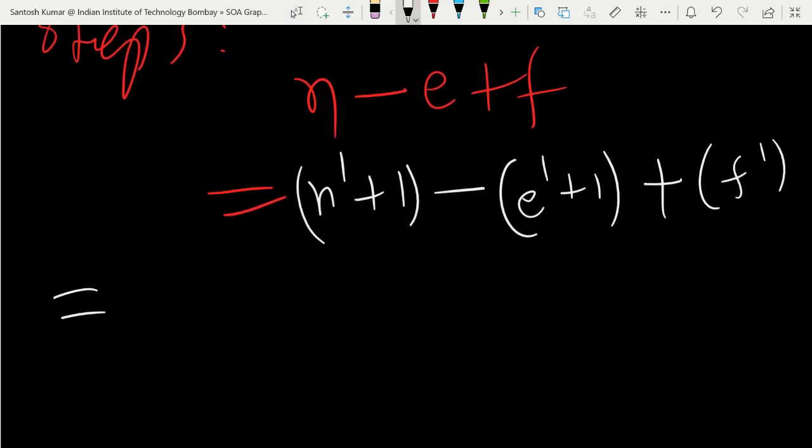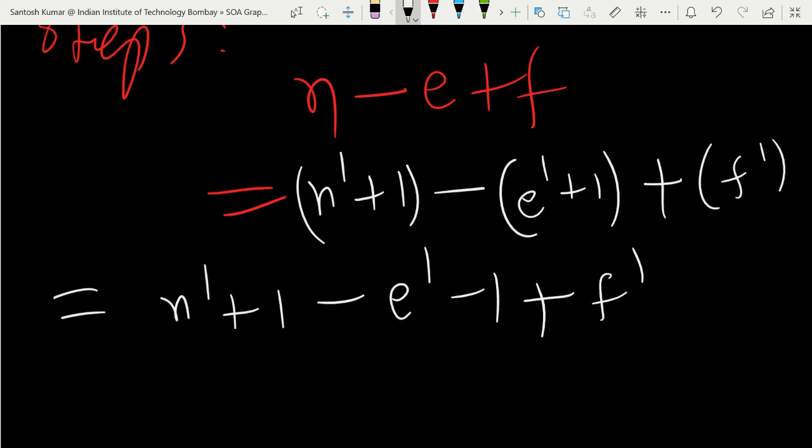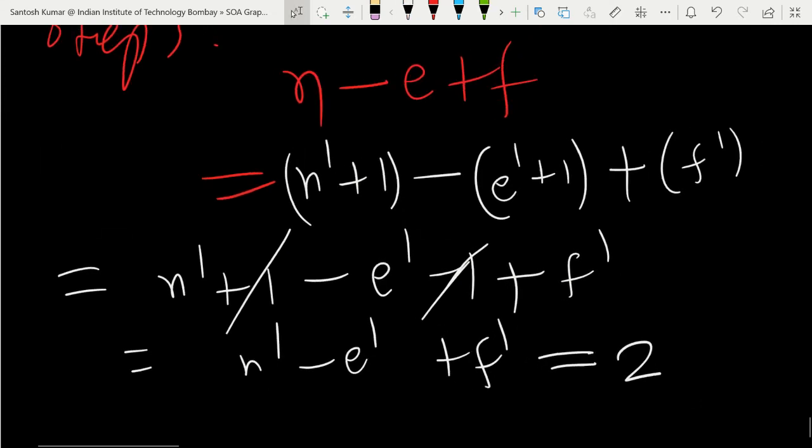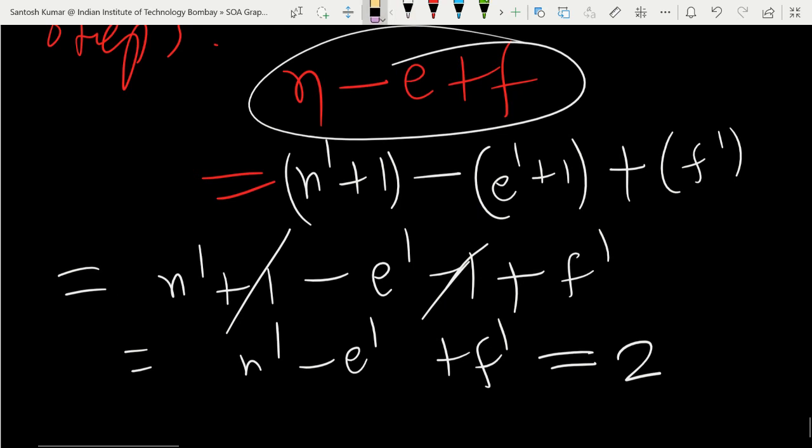You simplify this. We want to prove for n, e, f, but we already have the result for n dash, e dash, f dash. So n dash plus 1 minus e dash minus 1, sorry, plus f dash. This minus 1 plus 1 cancelled. So we are left with n dash minus e dash plus f dash, and that was 2, and that's why we get this as 2.